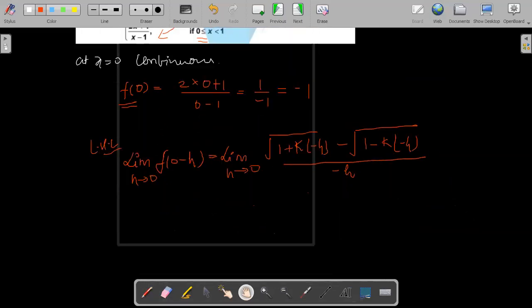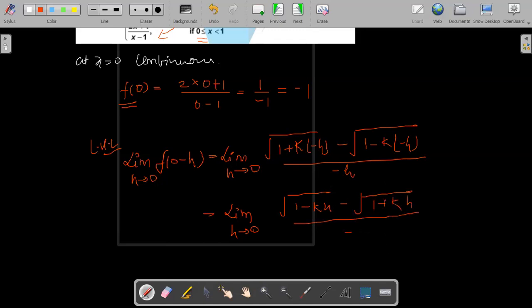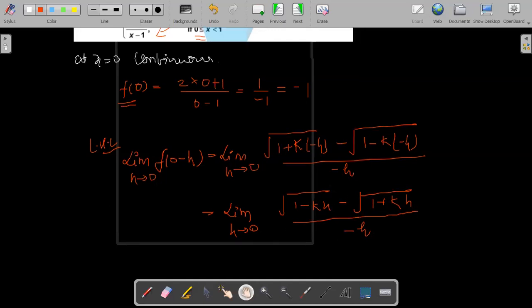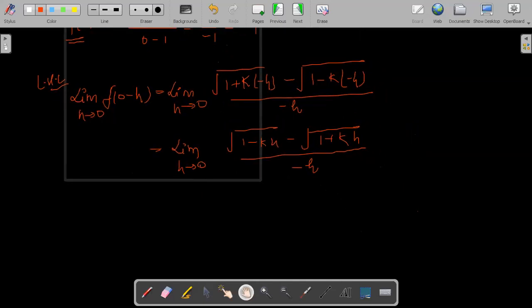So limit h tends to 0, this is root over 1 minus kh minus root over 1 plus kh divided by minus h. Now the problem is when you substitute 0 in the numerator, it will give us root over 1 minus 0 minus root over 1 plus 0.